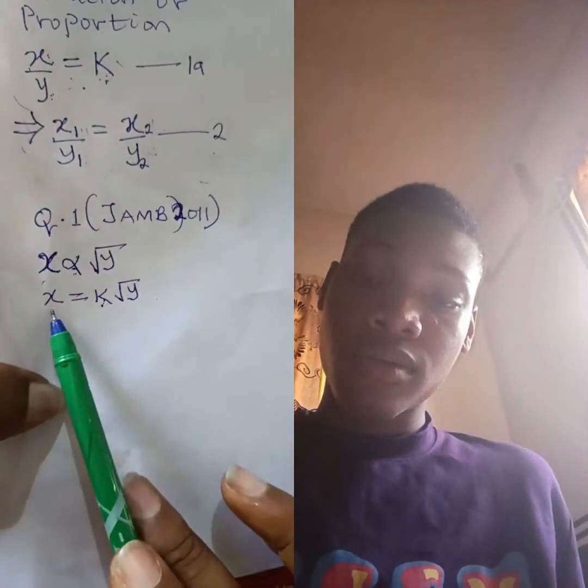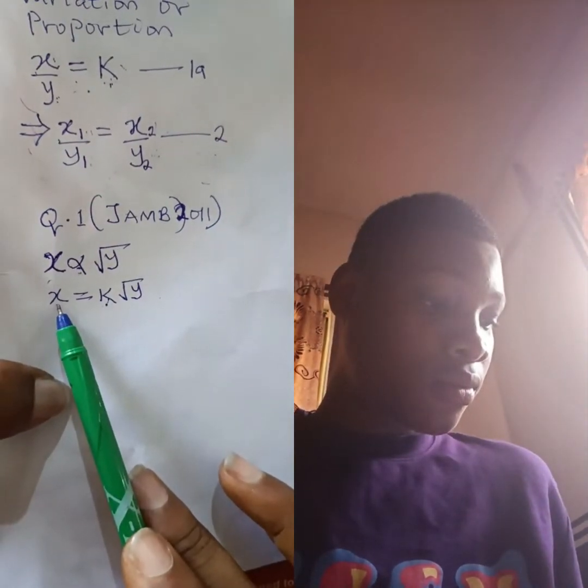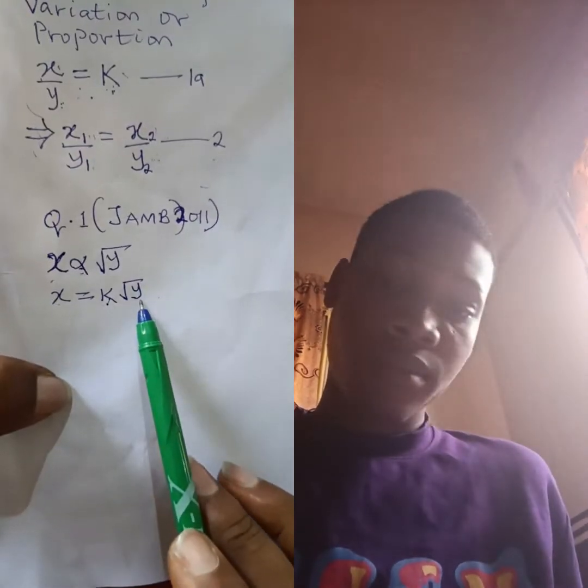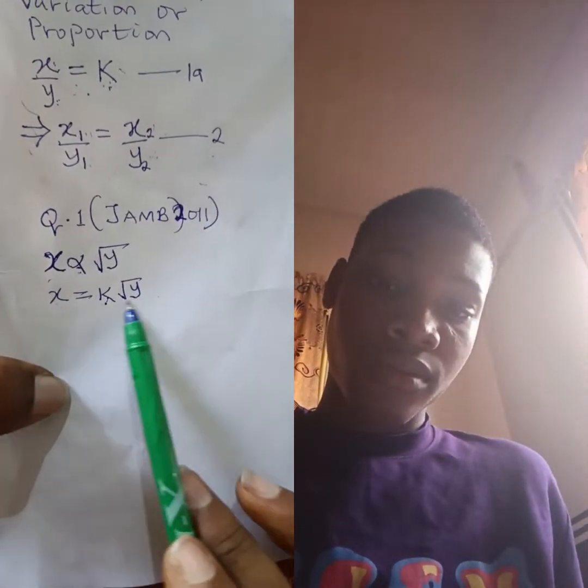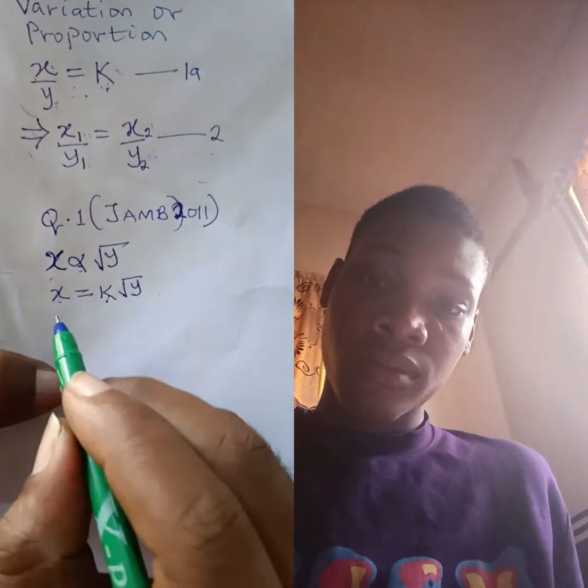So let us do substitution now. Let us replace those values. From the question, x is equal to 81 first, and that time y is equal to 9. So you come to this equation and substitute. In place of x, I will fix 81.